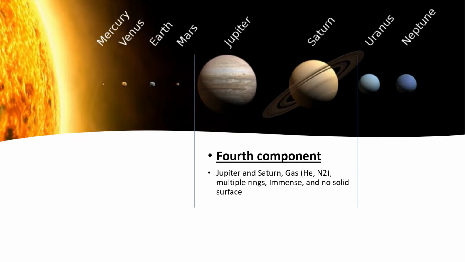Jupiter has multiple rings of gases surrounding the core of the planet, and Saturn has multiple rings of meteoroids and asteroids surrounding the planet. These two planets do not have a solid surface, which means that they don't have a lithosphere, just like the terrestrial planets.